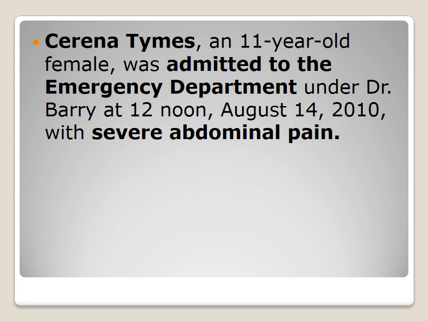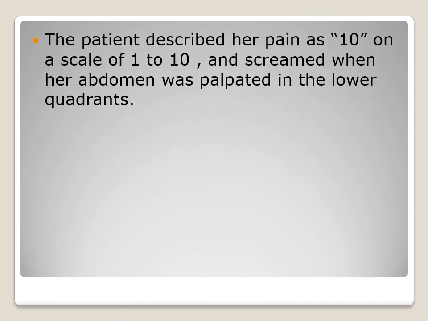The way the sentence is now written, the details are still there, but they're less important than the main focus. The main focus is that Serena Times was admitted to emergency with severe abdominal pain. In the second sentence, notice that the writer doesn't just say that the patient was in pain.